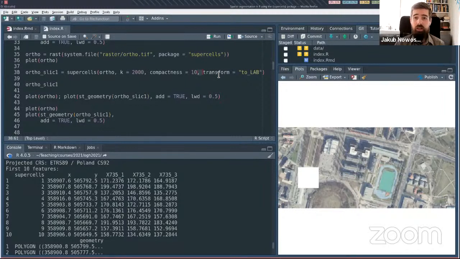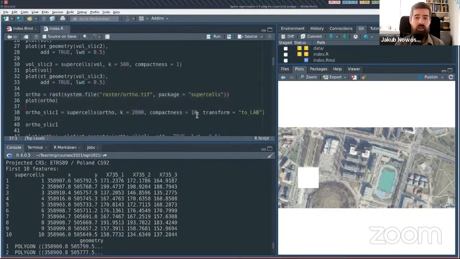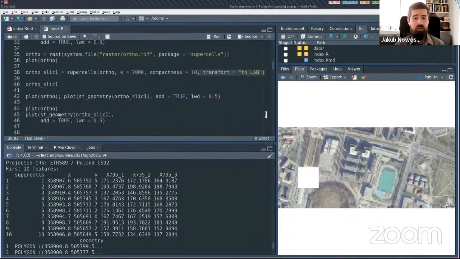And here you can see, going back, that we have one additional argument. This argument is called transform. And this argument, transform to lab, basically means that we are not performing this algorithm on the raw RGB data, but we are transforming our data first to the LAB color space, because LAB color space works better with Euclidean distances.